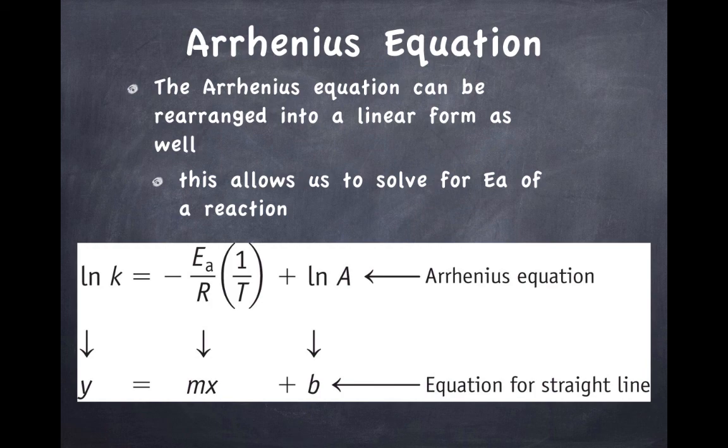So if we graph the natural log of k on the y-axis and 1 over T in Kelvin on the x-axis, then our slope is going to be negative EA over R. And so we can find our activation energy from the slope of that line.